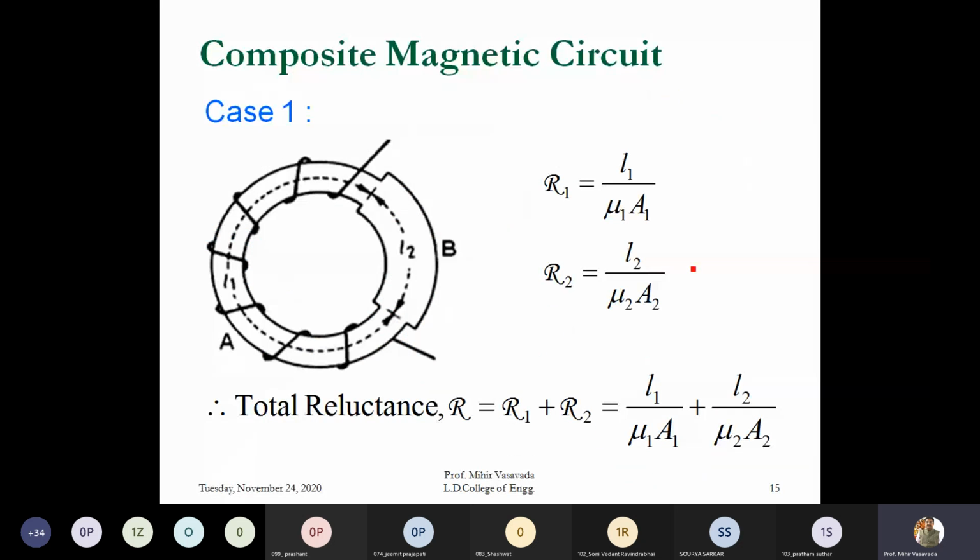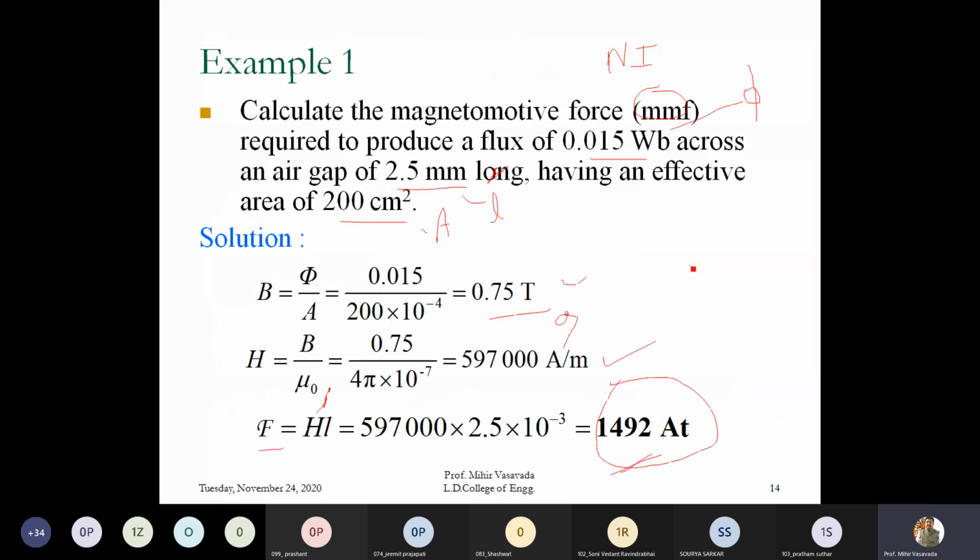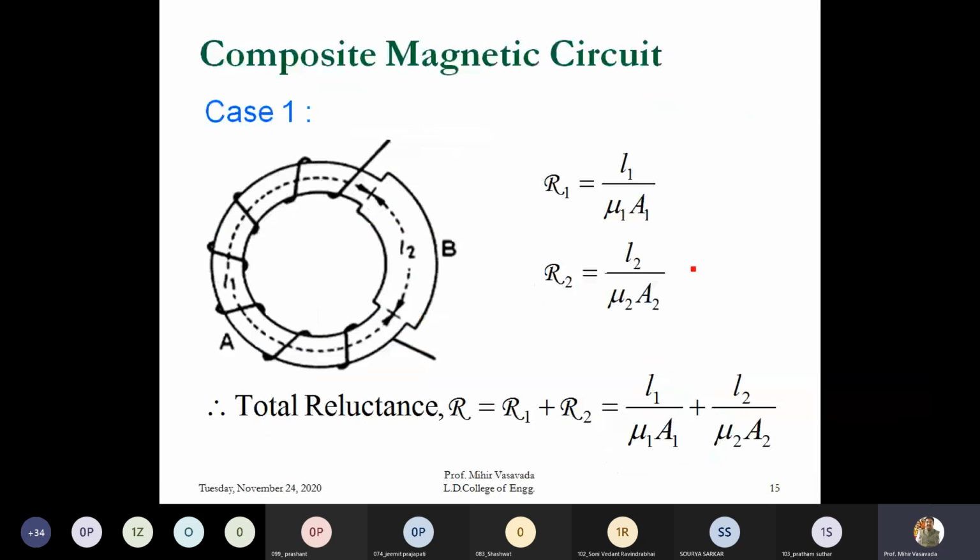If you look at the previous example, the MMF required to produce flux across the air gaps, so the circuit consisted of only an air gap. Here this is a composite, more than one magnetic material, different reluctance. Suppose this is one portion, first portion, this one L1, magnetic material 1.